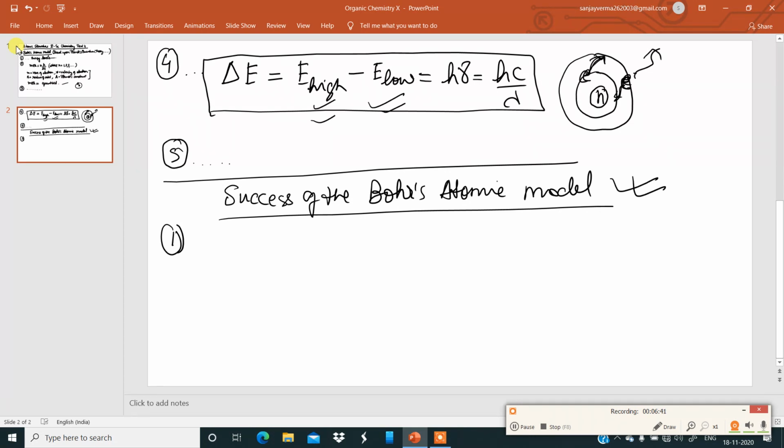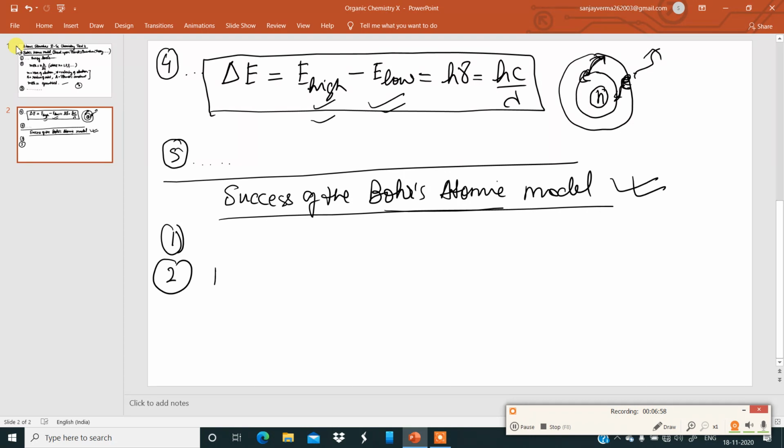Number 1, this Bohr's atomic theory provides stability to the atom. Number 2, energy of electrons in various orbits of hydrogen atom or hydrogen-like atoms.